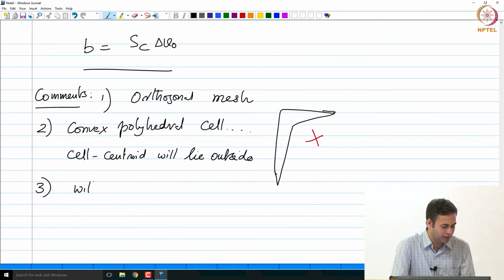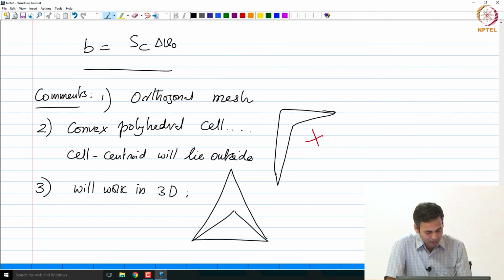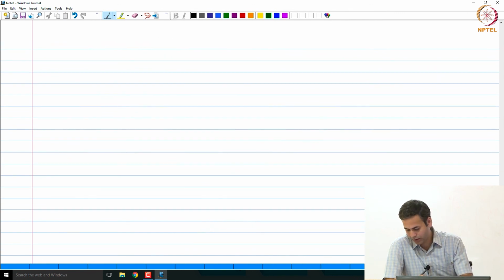So, you can have a tetrahedral cell, and this will work in 3D also. The same analysis can be extended.